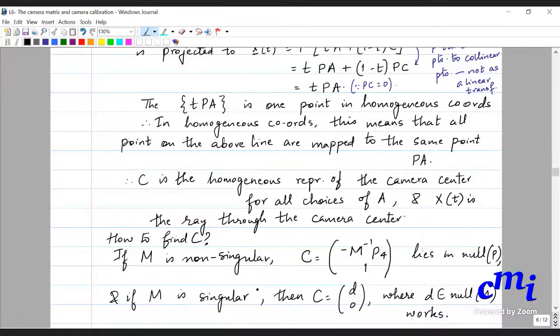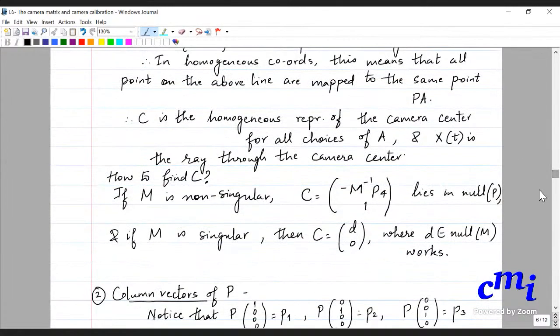On the other hand, if M is singular, then you take C to be the vector (D, 0), where D is any vector in the null space of M. Since M is singular, it has a non-empty null space. So you take any D in the null space of M and form C like this.